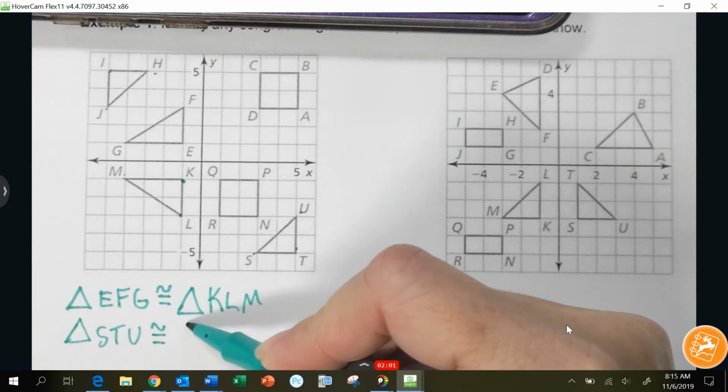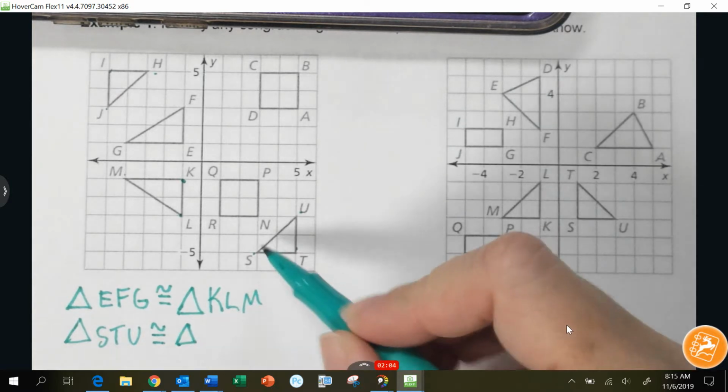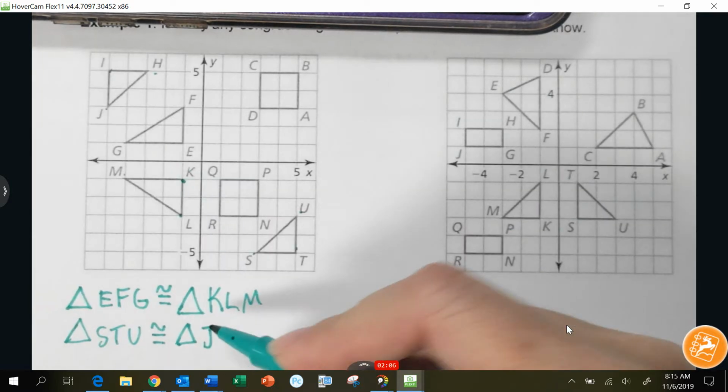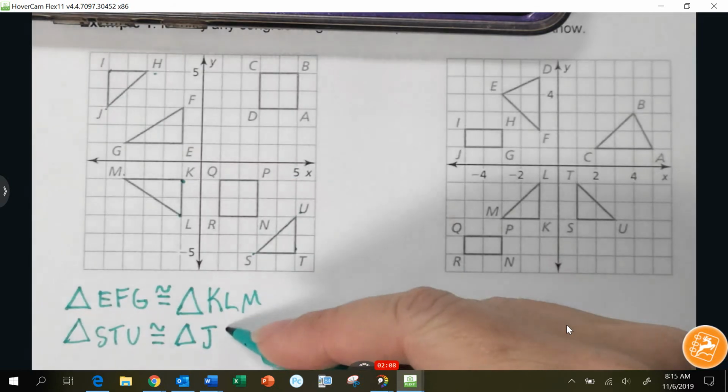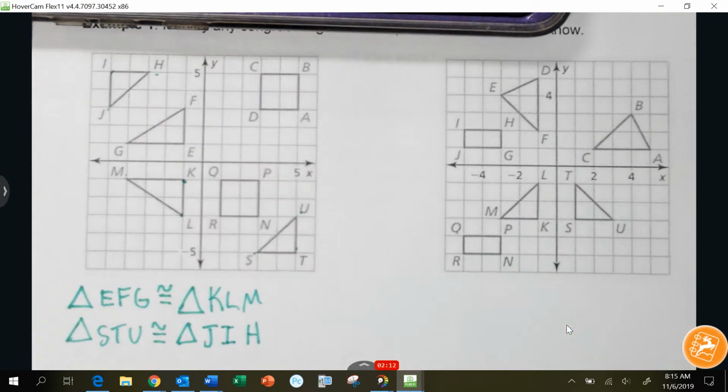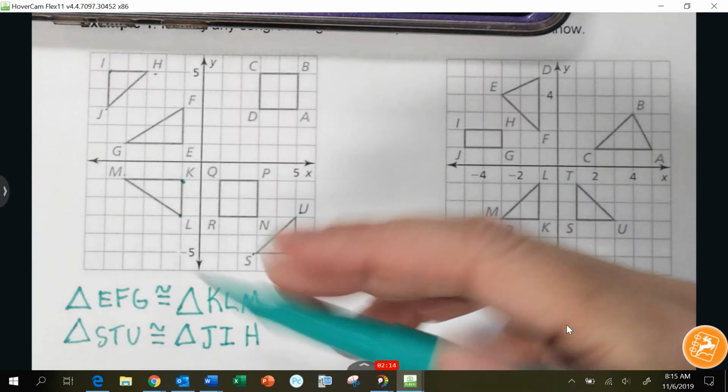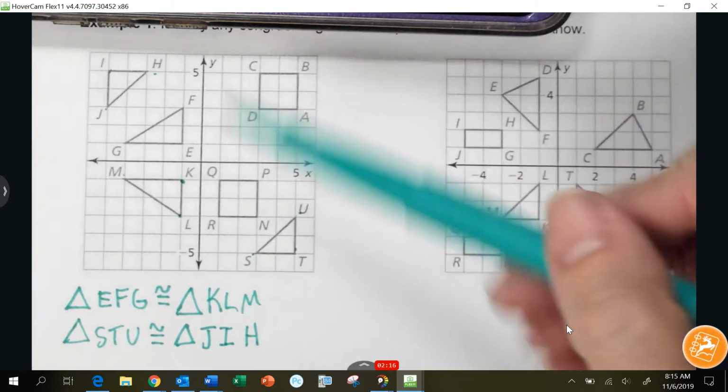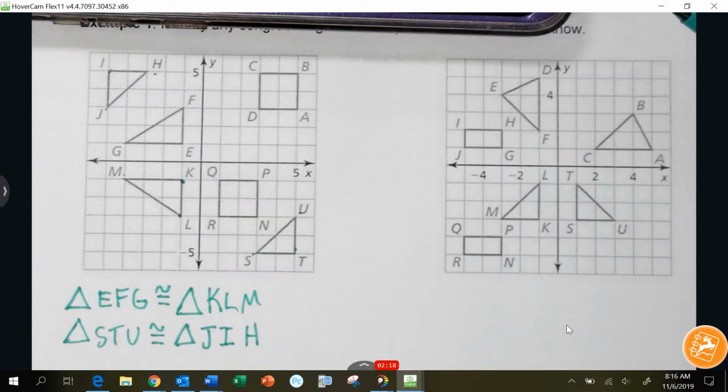So I can put them in the same order, like the corresponding vertices are going to be in that same order. Or HIJ, maybe, kind of hard to tell which one corresponds for that one. Okay, and then is there any more?